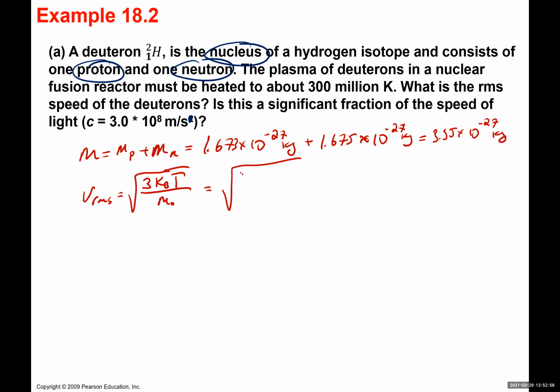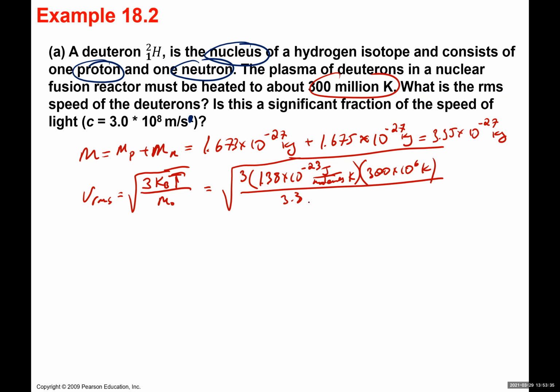So I can say it's 3 times the Boltzmann constant value, 1.38 times 10 to the negative 23 joules per molecule Kelvin, times the temperature. This has to be in the Kelvin scale. So 300 million Kelvin, already given in Kelvin, we just write that as 300 times 10 to the 6 Kelvin. And divided by the total mass, 3.35 times 10 to the negative 27 kilograms.